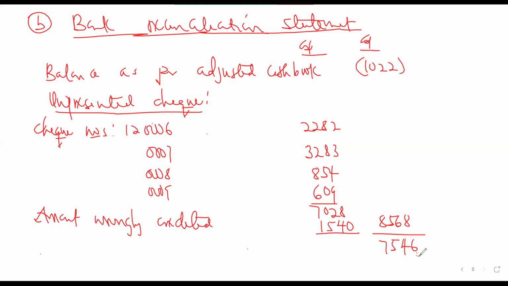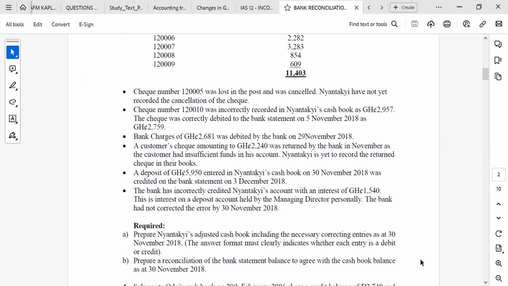Then you come to what we call uncredited check. What is the amount for the uncredited check in the question? A deposit of 5,950 entered in Nyatechi's cash book on 30th November 2018 was credited on the bank statement on 3rd December 2018.